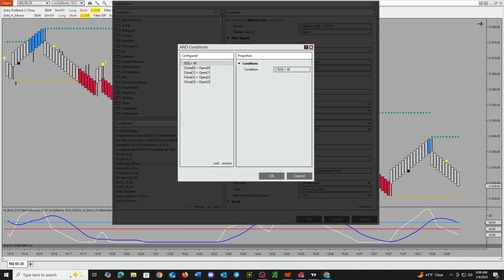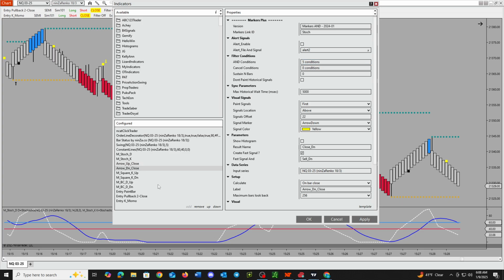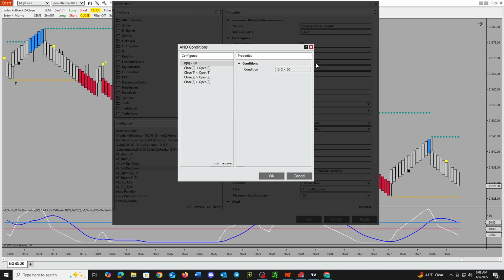I just say as long as %D is above 40, like right here, I'm going to assume it's in a bullish trend. This is just how I have my closes: 2 up closes, and then prior to that, 2 down closes. I know that's confusing, but it's the same thing here.